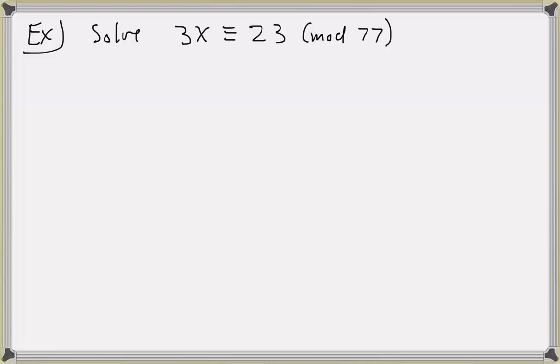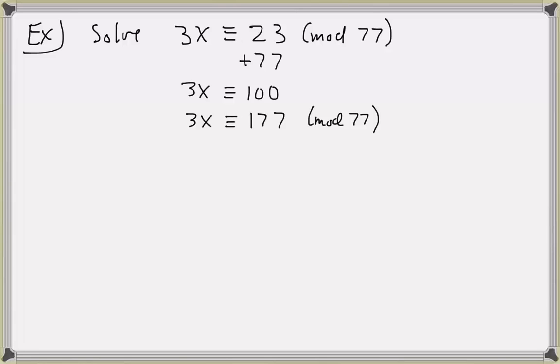So I can add 77 to the right-hand side to obtain 3x is congruent to 100. And that's still not a multiple of 3, so I'm going to add 77 again. So 3x is congruent to 177 mod 77. And 177 is a multiple of 3.